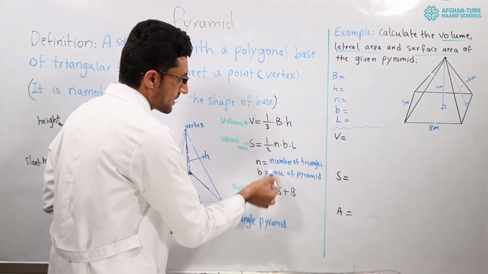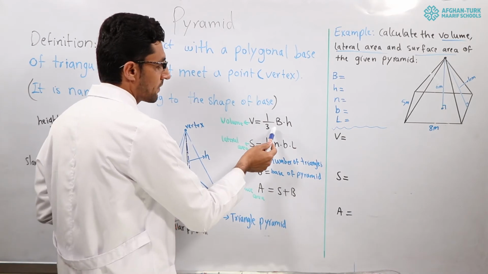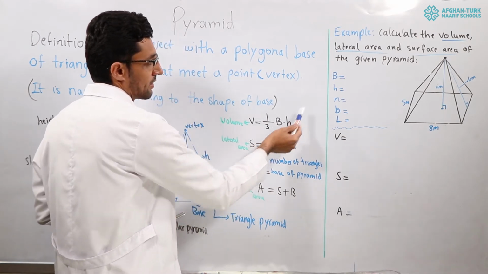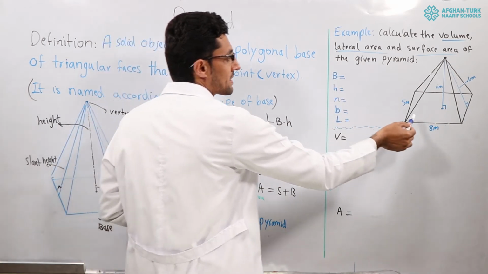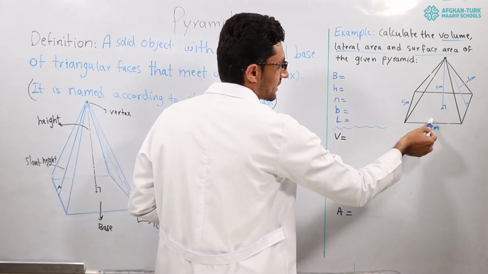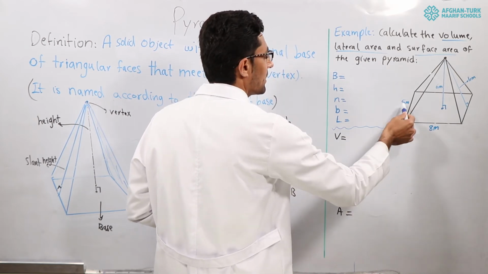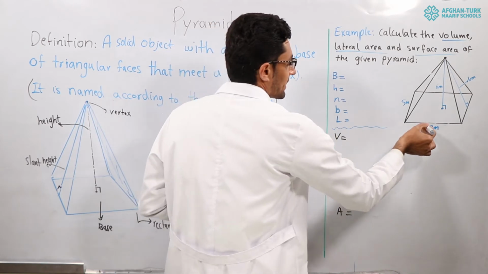Okay, at first check what we have on the right side of the formula. We have B, which we have to find. What is B? B is the area of the base. In here, this is a rectangle.